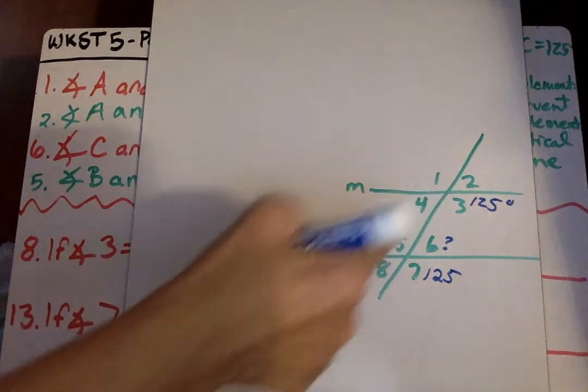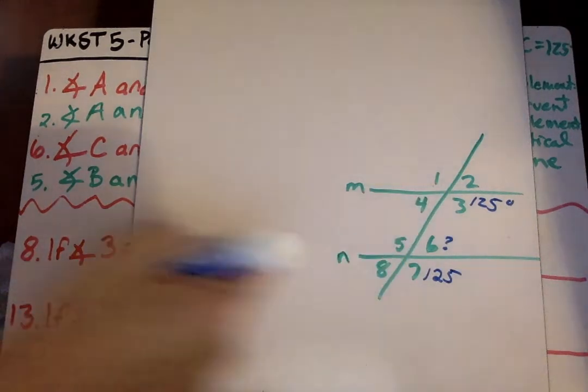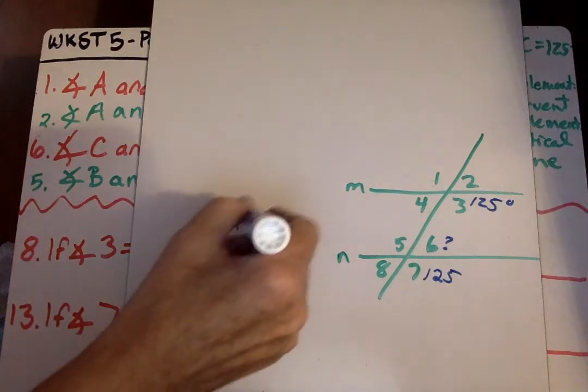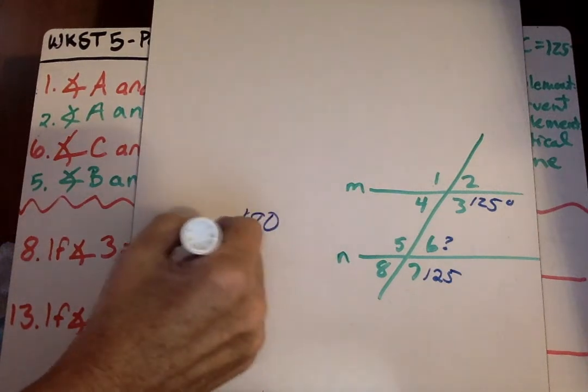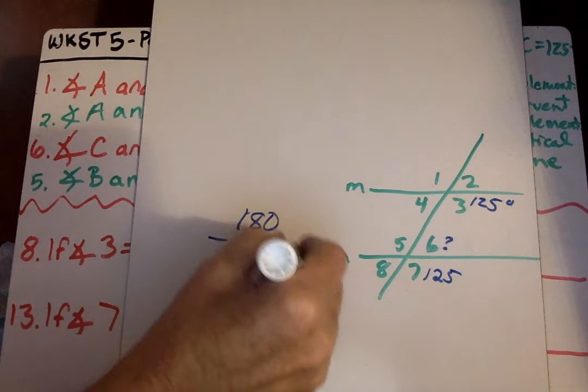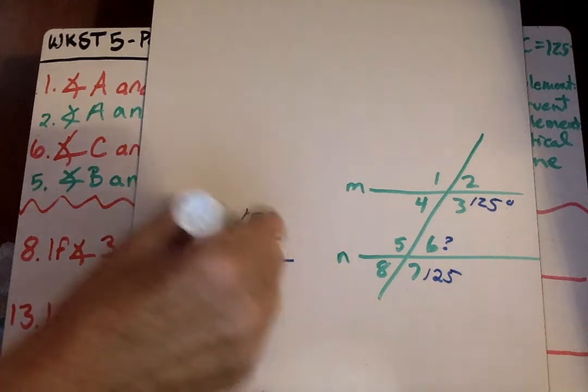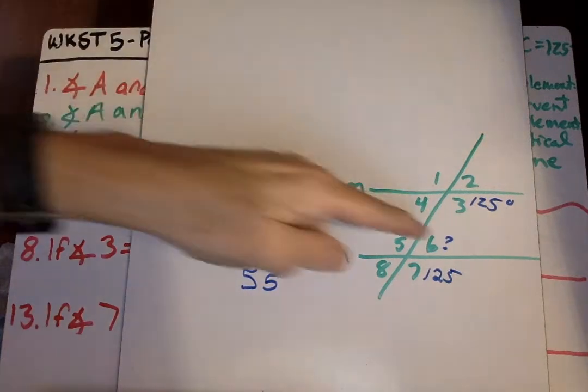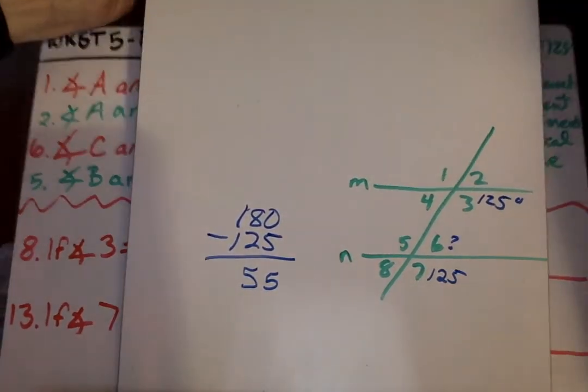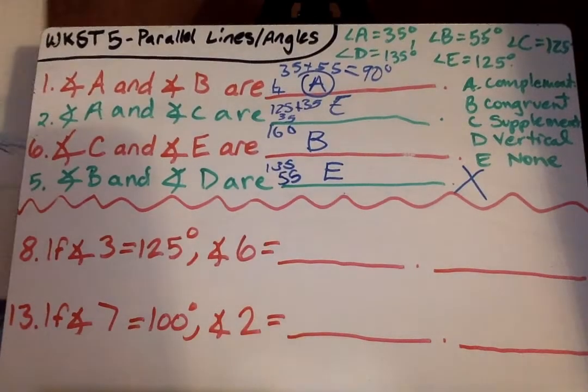Now we know this straight line is going to make 180 degrees, so we can go 180 minus 125, I think that's going to be 55. Okay, so we could say angle 6 will be 55 degrees.